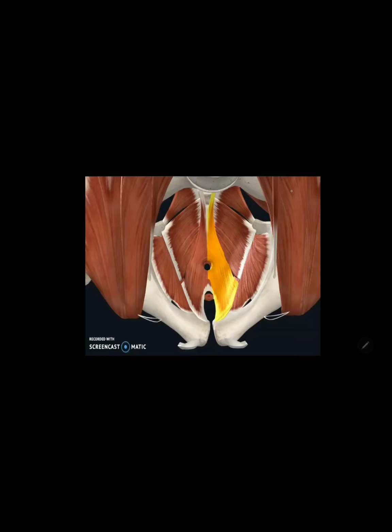Around the prostate it forms the puboprostatic muscle, and some fibers of pubococcygeus attach to the tip of the coccyx. So it is not coming entirely from the pubis, but partly from the pubis and the anterior half of the white tendinous arch, a thickening of the obturator fascia.